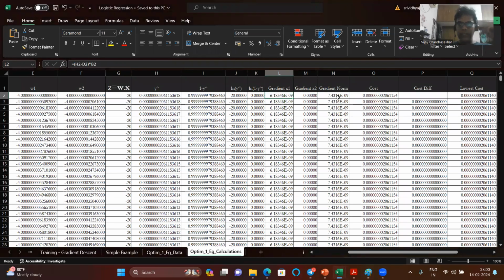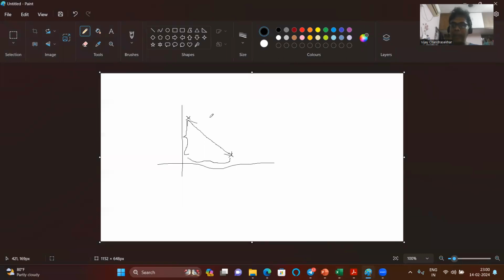So what I've done here is I've calculated a gradient norm, which is to say that, look, it's quite possible that I may not have moved in one direction, but I might have plunged completely in another direction. You getting what I'm saying? Let's say I'm climbing down a hill and then I don't move in this direction, but then suddenly I slip. And let's say this is the valley.